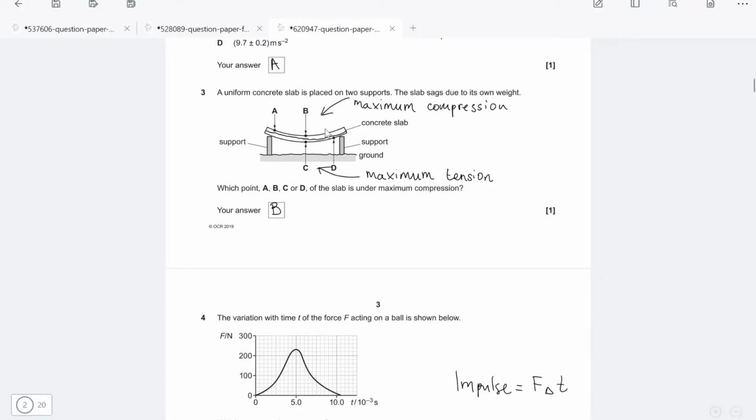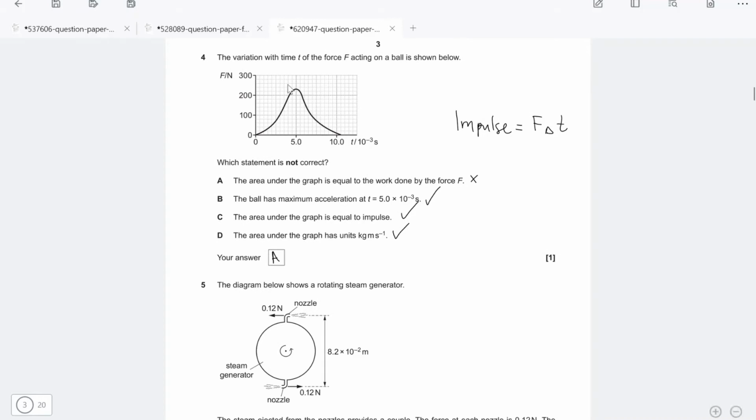The lower half will be going through maximum tension. A good rule of thumb to remember is that when you have a beam which is sagging under its own weight, the top part is under maximum compression, and the lower part is under maximum tension. Therefore the correct answer here is B.